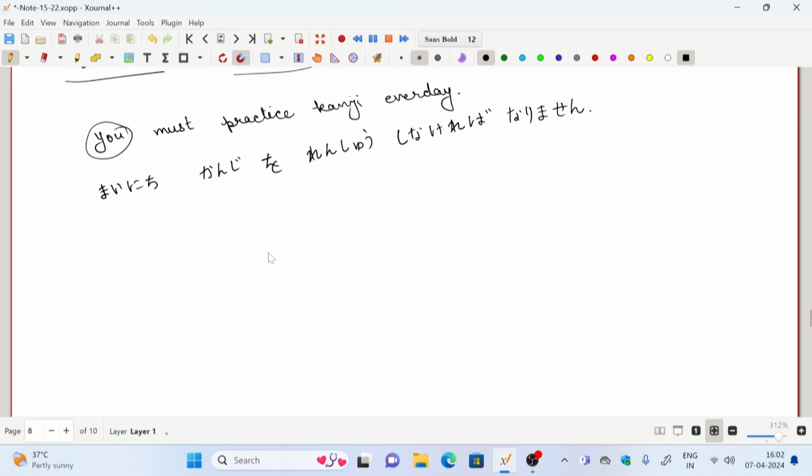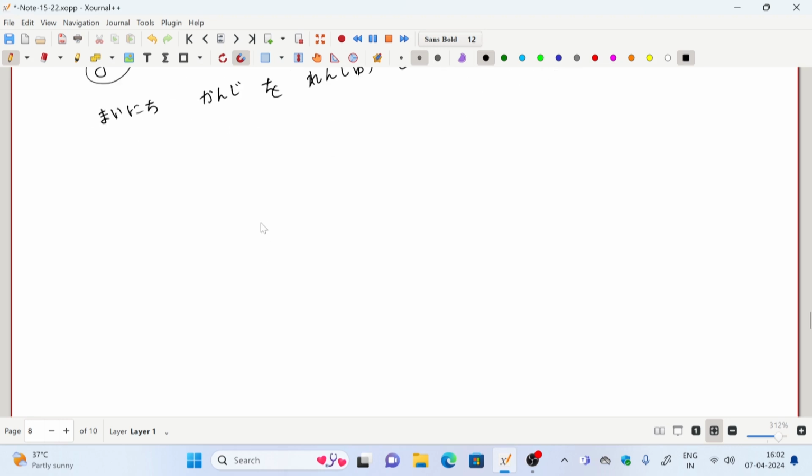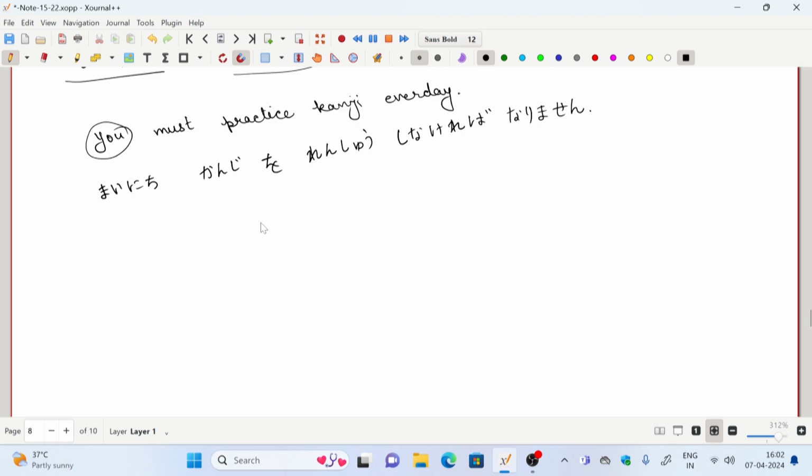So when we are talking to a person, we can just say to the person, nakereba narimasen, you do this. You is hidden. We always take the name of the person to show respect. Or even to the student or to the teacher, we just say sensei wa and the teacher. So that is how the Japanese language is.